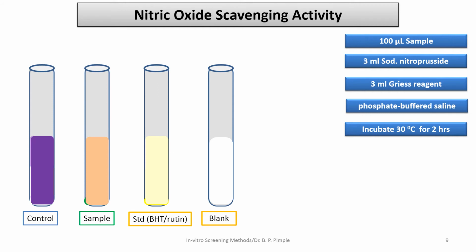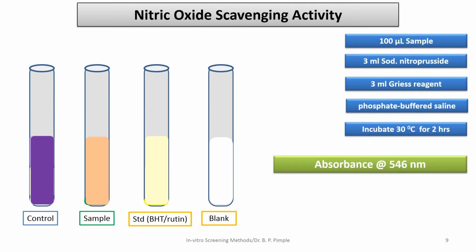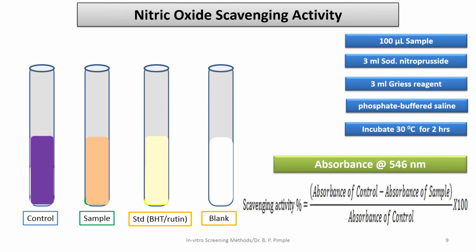Again, you can notice here, since there is phosphate buffer, there are chances that it may absorb some radiation. So these readings are to be subtracted from each of the 3 test tubes. Then read the absorbance at 546 nanometer and put the values in the formula to get the percent scavenging activity.